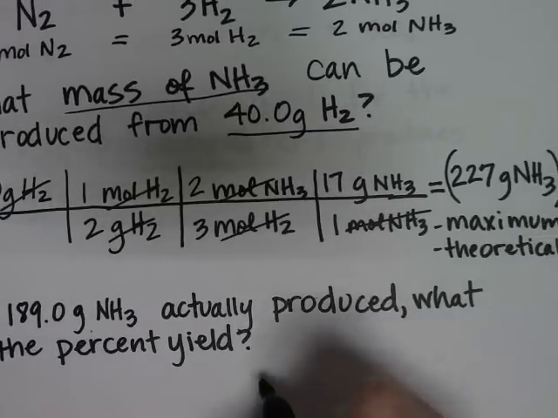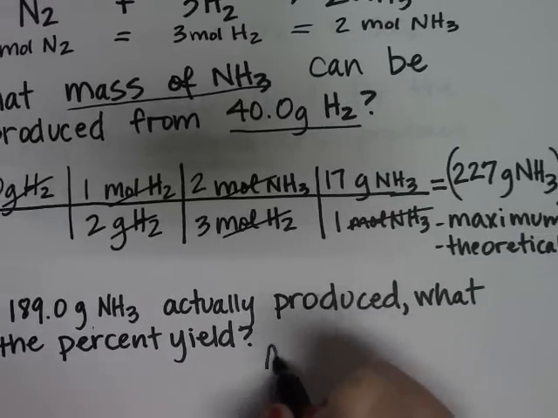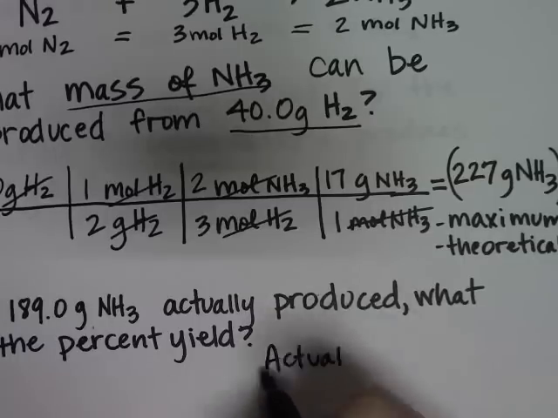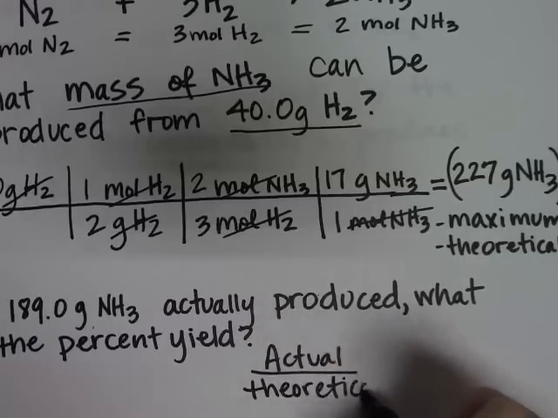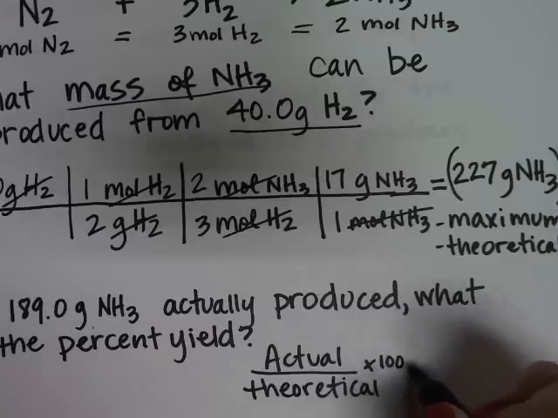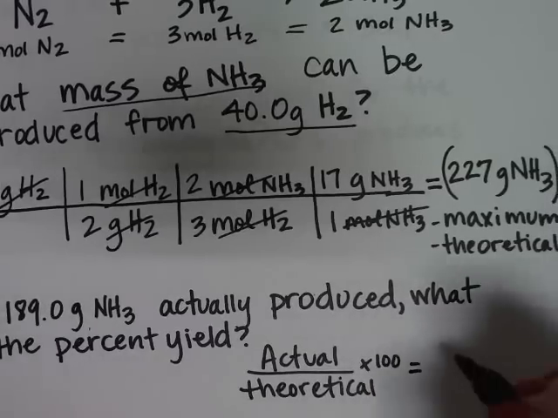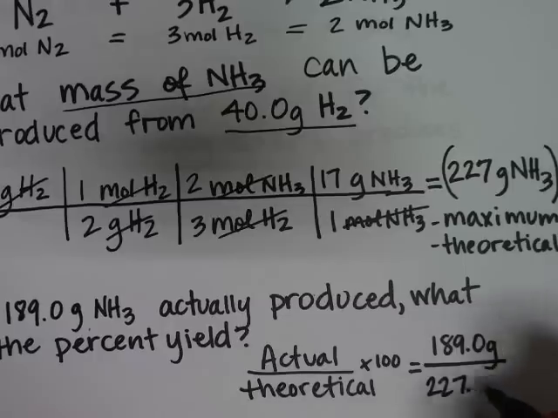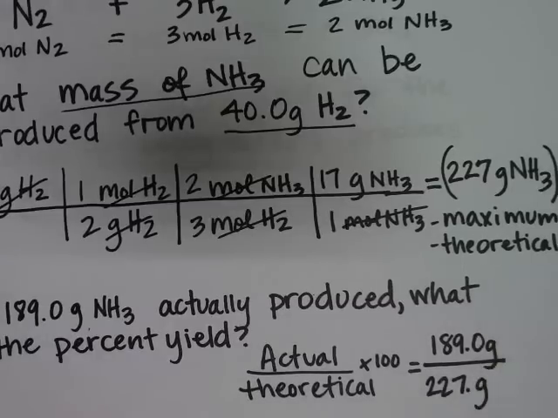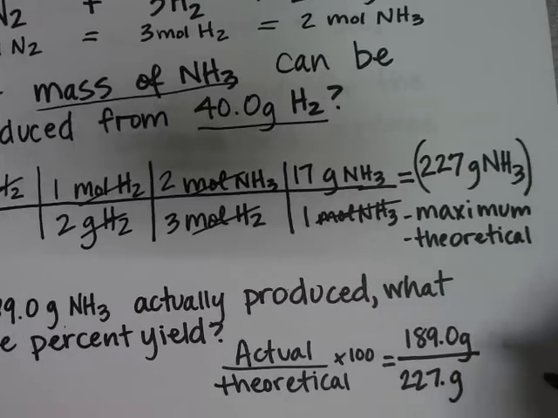So we're going to calculate the percent yield, actual over theoretical. And what is our actual value? This reaction actually produced 189 grams of ammonia, even though we were expecting maybe 227 grams.